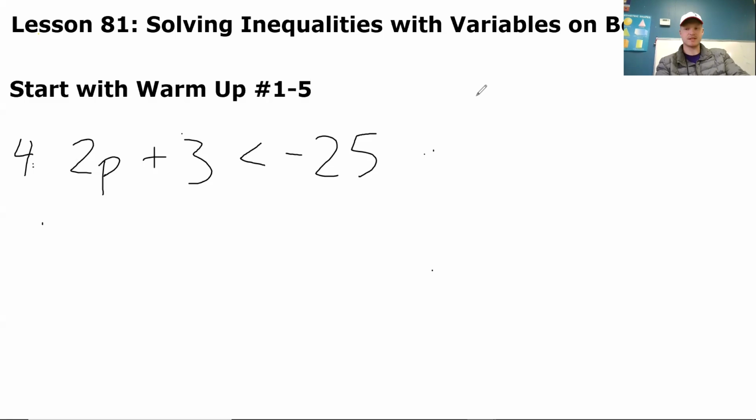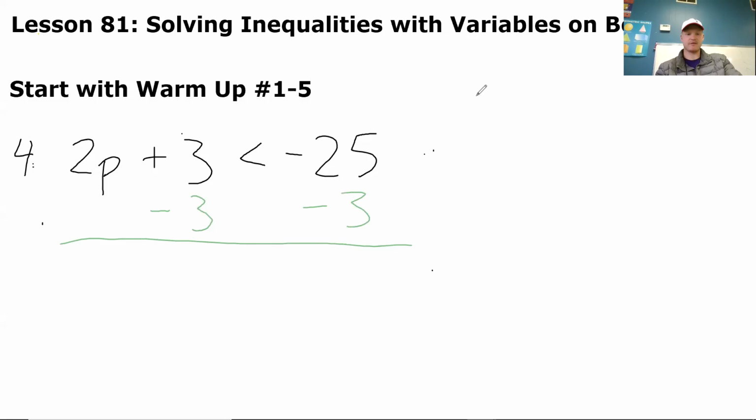That's always the first step that we're going to do with these type of problems. So first off, I'm going to subtract by 3 on both sides. So I'm trying to get that p by itself. But that addition sign right there, the opposite of addition is subtraction. So subtract by 3 to both sides.